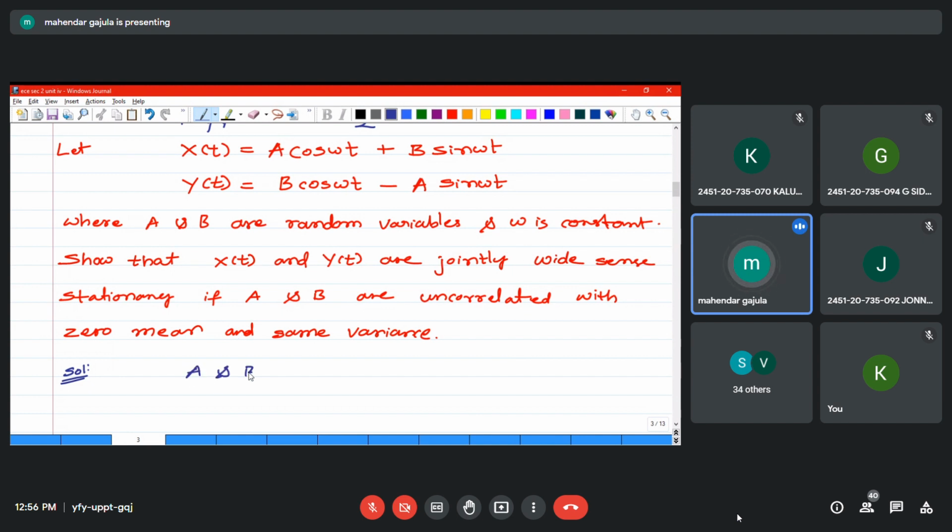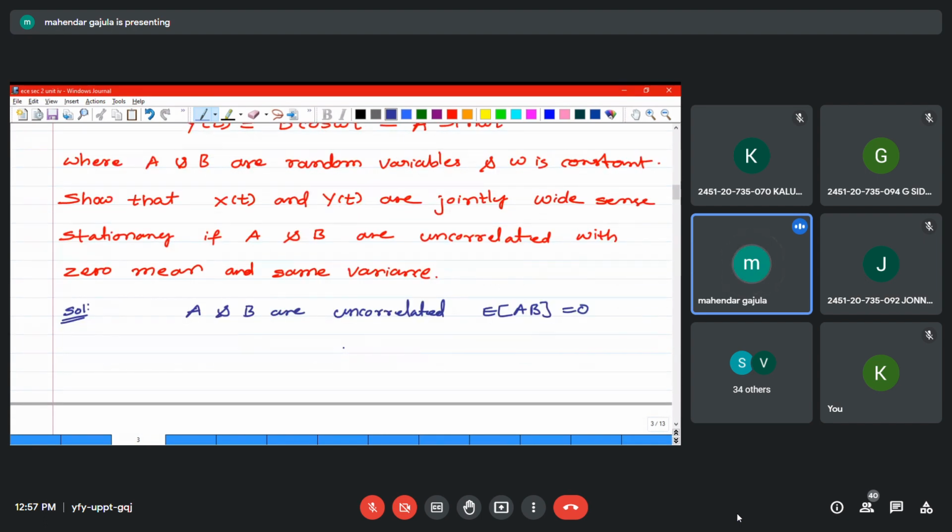A and b are uncorrelated. What is meant by this? How to express this? Uncorrelated means the expectation of AB is 0.